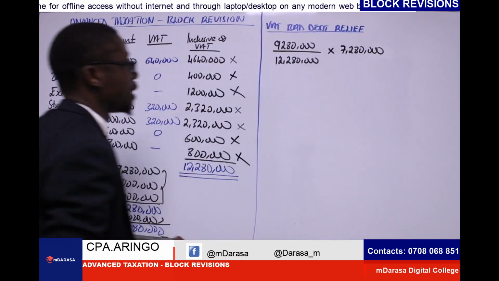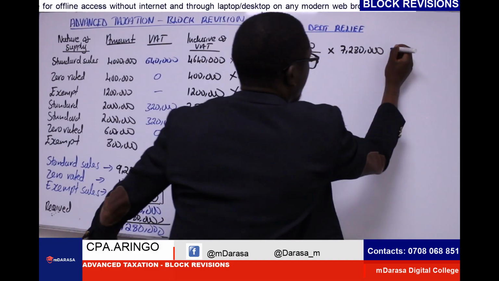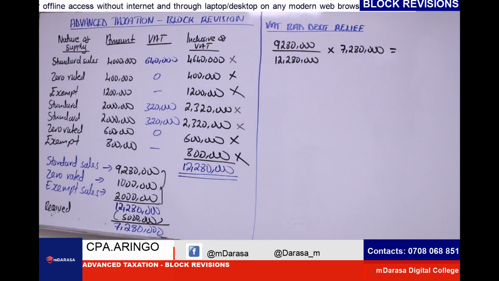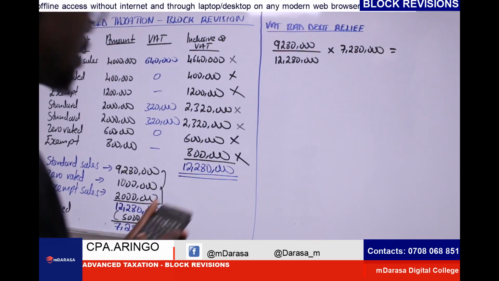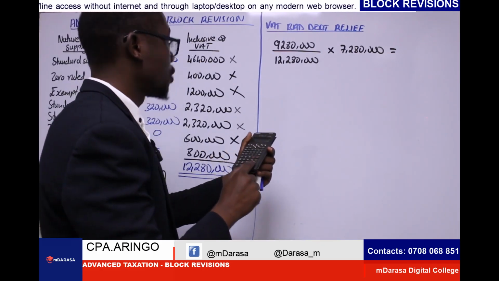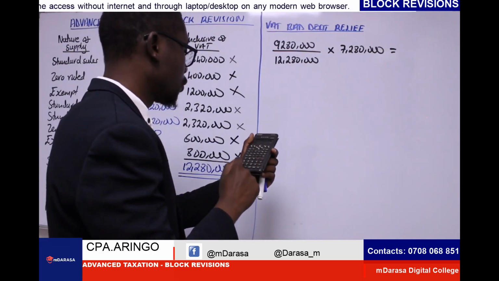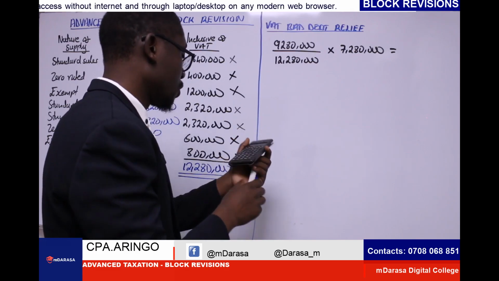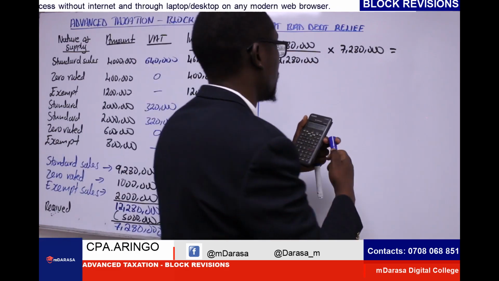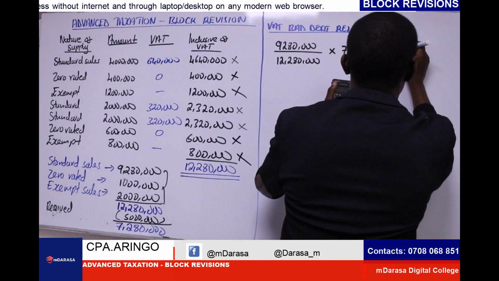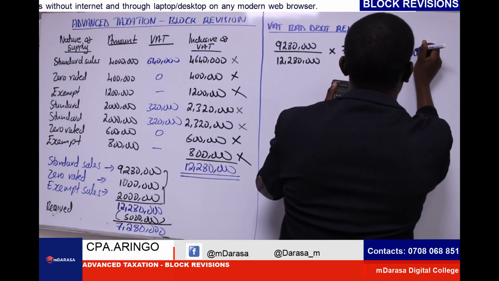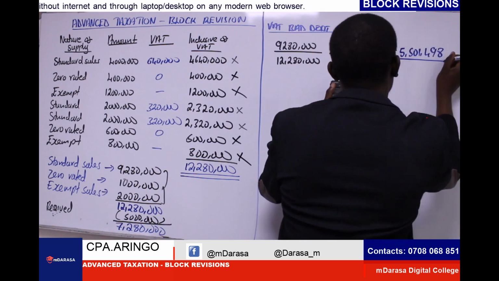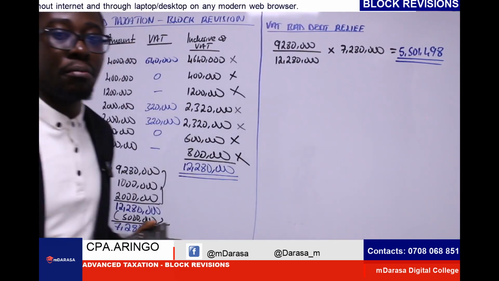So the proportion of the standard that had not been paid will be 9280 over 12280 times 7,280,000, which will have the value of 5,501,498. So this is the proportion of the standard that had not yet been paid.